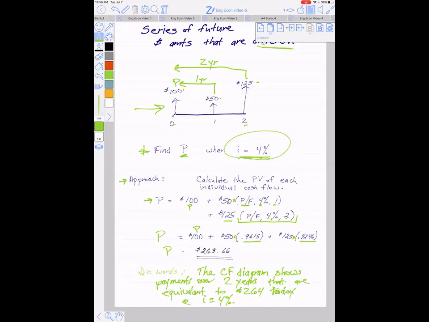So we would be indifferent to receiving $264 today or this series of cash flows over the next 2 years, because according to time value of money concepts, they are the same.